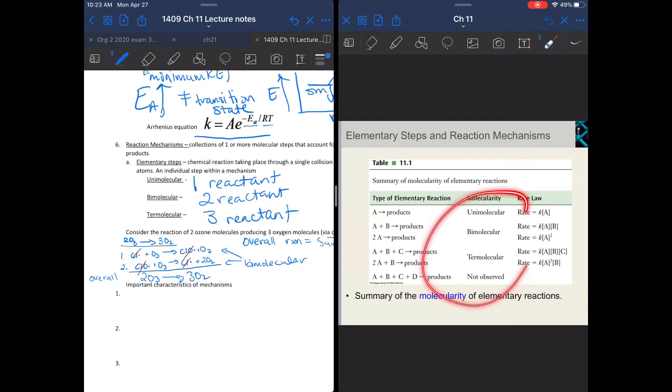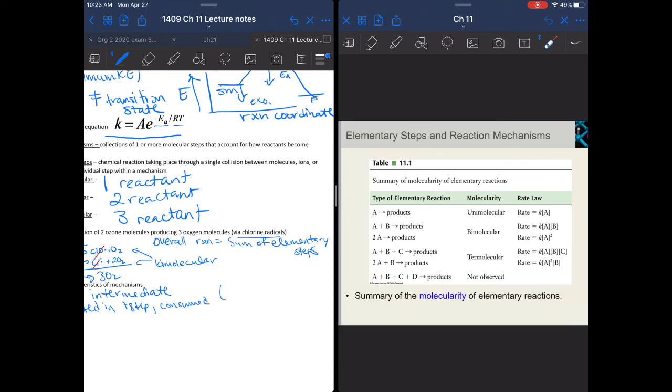And this is just a chart of molecularity. Number 1, that is the reactive intermediate. You are going to see these in most mechanisms. The reactive intermediate is neither a starting material nor a product. It is generated in one step and then consumed in another.